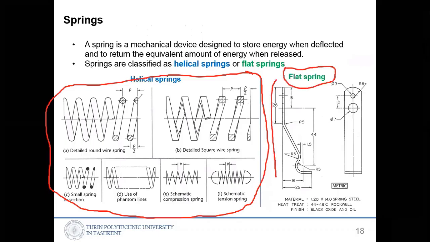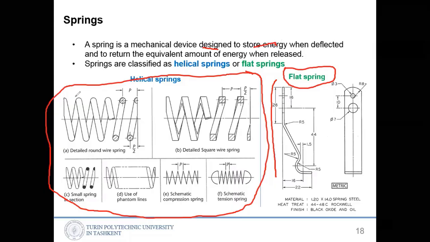So when we use helical springs, as we said, the helical spring is designed to store energy when it's pressed, and then it deflects and returns the equivalent amount of energy. When you have some force, it will try to return to its own shape, its initial shape, when you remove that force.